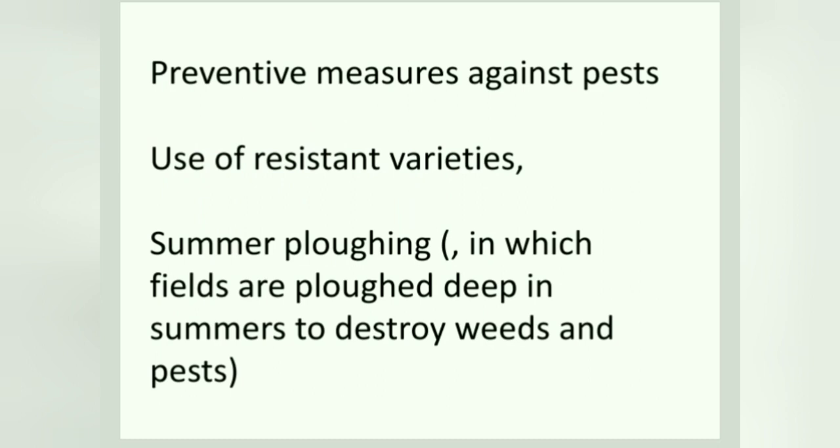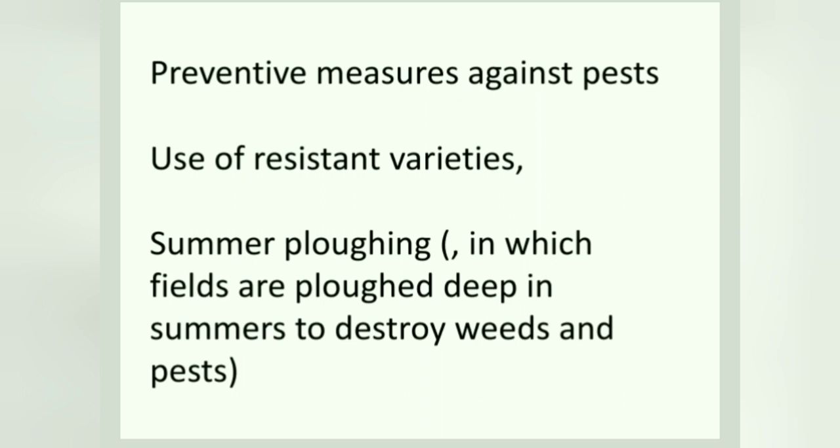How can we prevent pests? First, we can use resistant varieties, that is disease resistant varieties, so that the crop protection will be more effective. Next is summer ploughing, that is ploughing the fallow land deeply during the summer. This may remove the weeds or the seeds which are found underneath. So these are some of the methods.